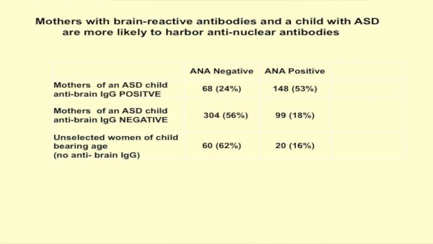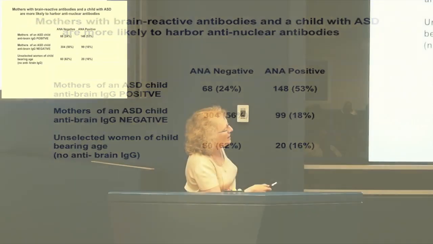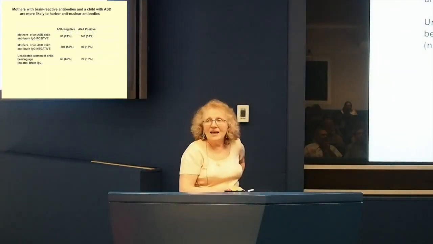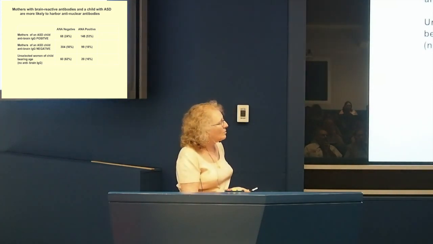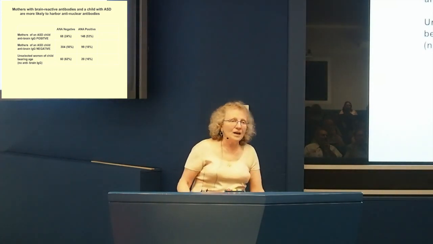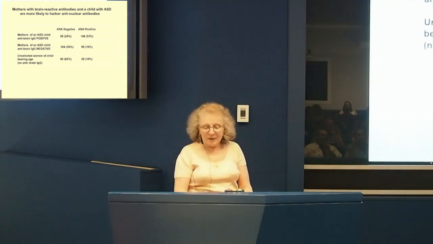What you can see is that if the mom had brain-reactive antibodies, she was much more likely to have anti-nuclear antibodies than either the moms of an autistic child who didn't have brain-reactive antibodies or unselected women.